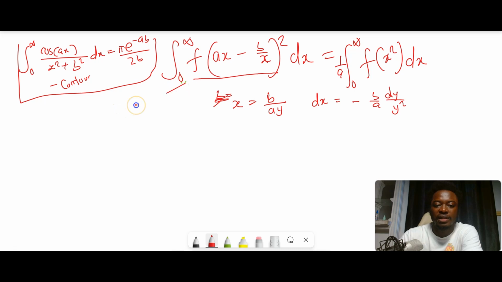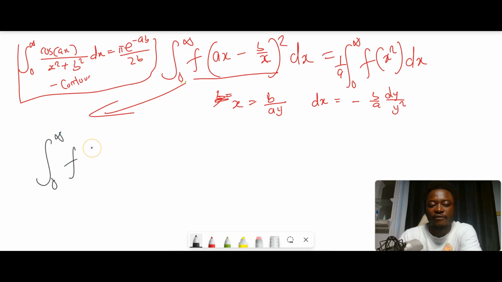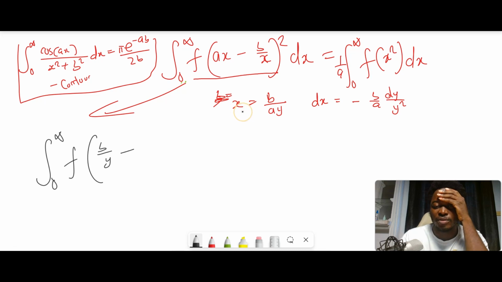So this integral gets transformed to become the integral from 0 to infinity of f of, instead of ax, you get b over y, and instead of b over x, you get ay, so you have minus ay.